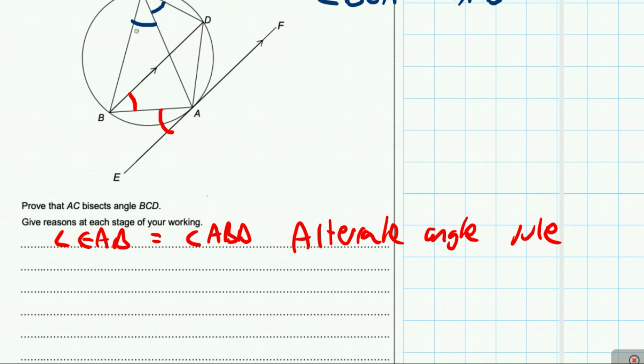We also have this one here that should be the same, so we know that angle DAF is going to equal angle ADB through the same rule, the alternate angle rule. I should write this out properly in the actual exam, so that might be useful to us.